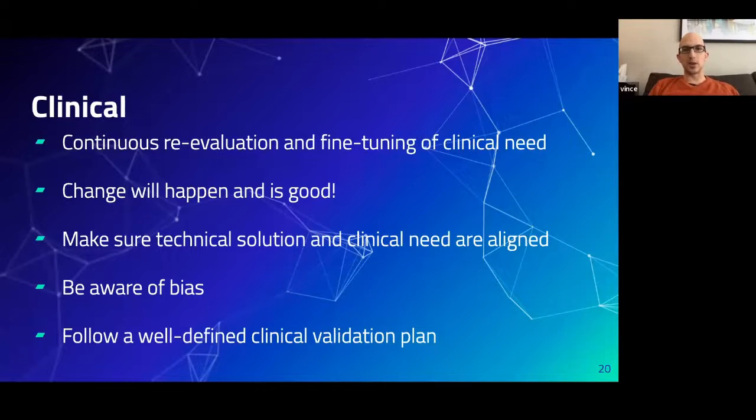And also here, like with the data, to keep track of all these changes and what is necessary, have a validation plan, have a clinical validation plan, so that you really know at what time what needs to be done, and to be prepared also for the next phases. So for example, in the next phase, you will have to prove that what you found works.